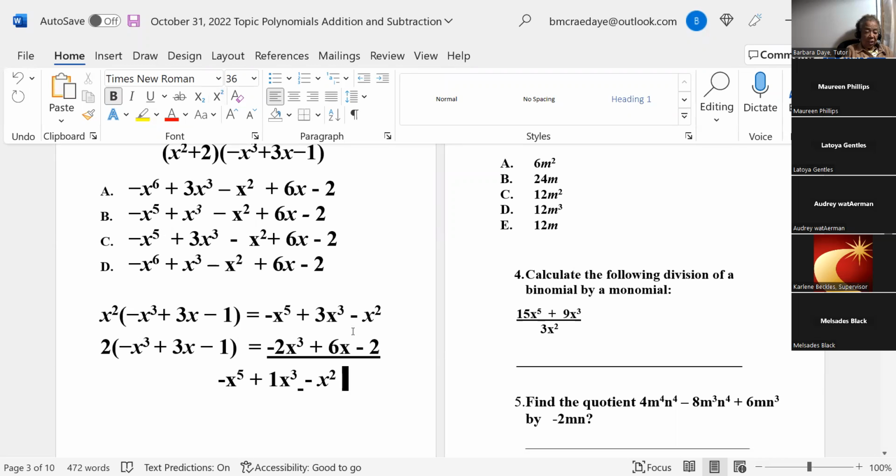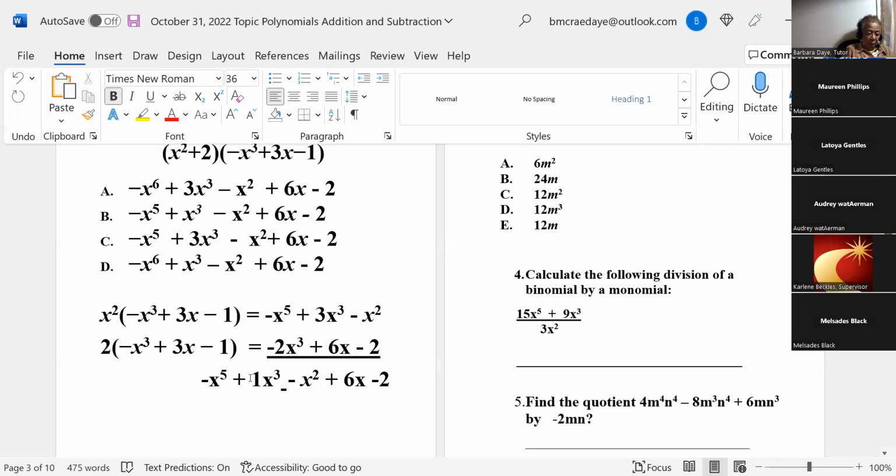X to the first is this 6x, because x to the 1 is this 6x to the 1. Remember, the 1 is the default, right? And then you have your constant. What's your constant? Negative 2. All right. So we have negative 2.